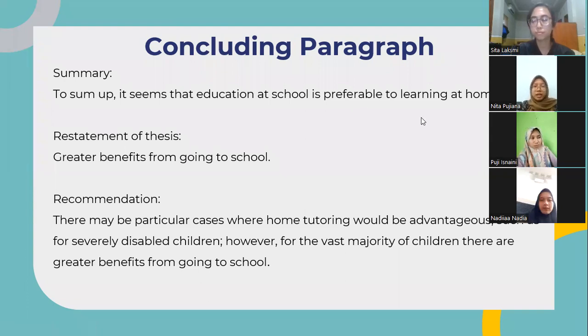In the one-sided essay, they must include a restatement of the thesis, opinions, suggestions, and predictions, whereas in the two-sided essay, there must be three parts: the first one is the summary, the restatement of the thesis, and the last one is the recommendation. I think that's all. Thank you so much.